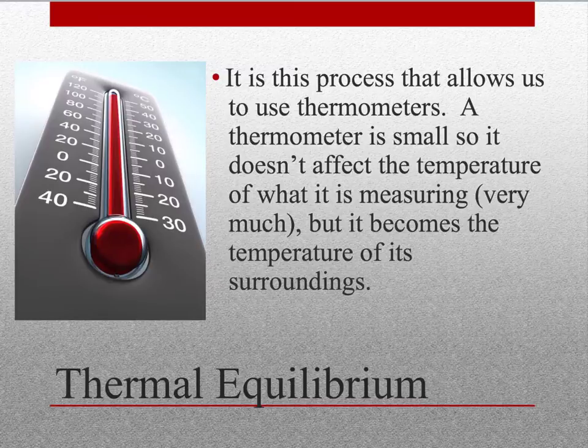So the thermometer is so small that whatever its temperature is, it doesn't affect the temperature of what is being measured, or at least it doesn't affect it very much. But it becomes the temperature of its surroundings. And that allows it to expand, and we're going to talk about that in a minute, and rise or lower to the temperature of the material around it.